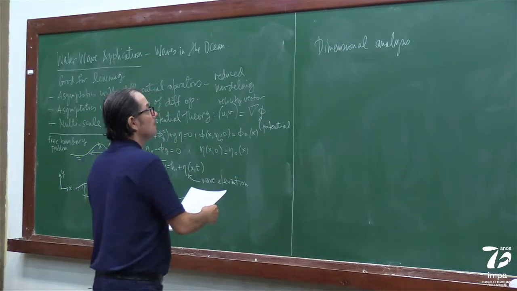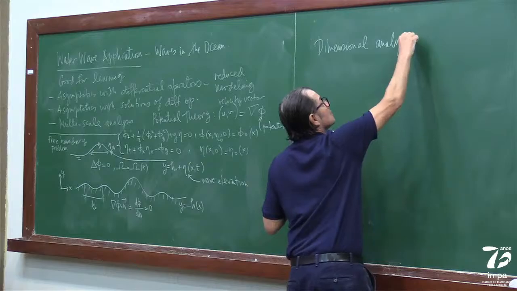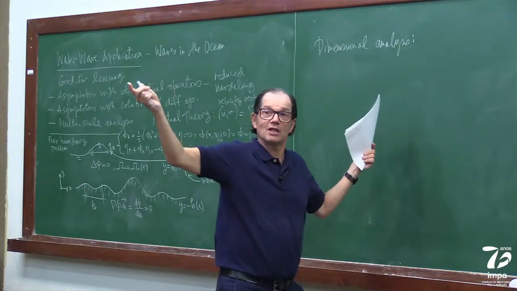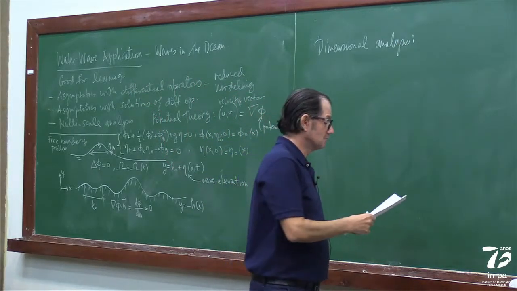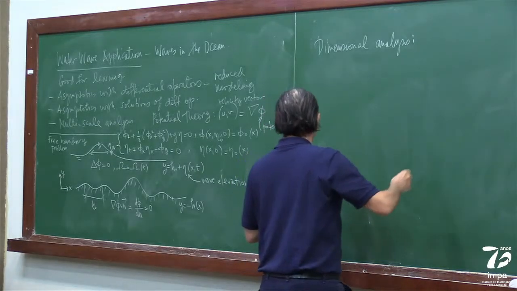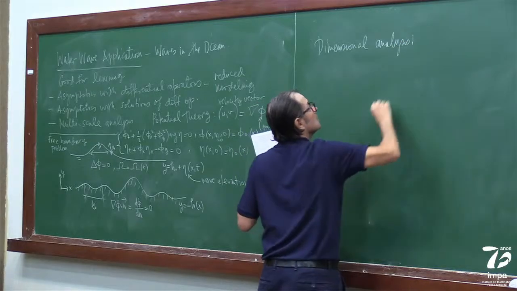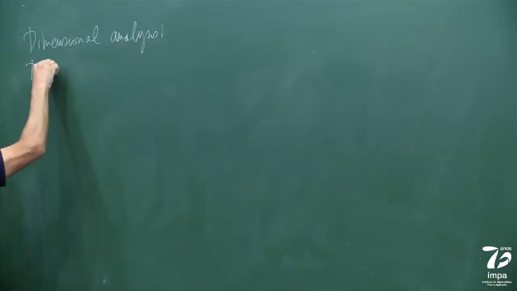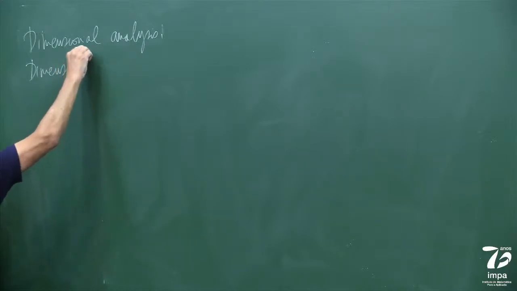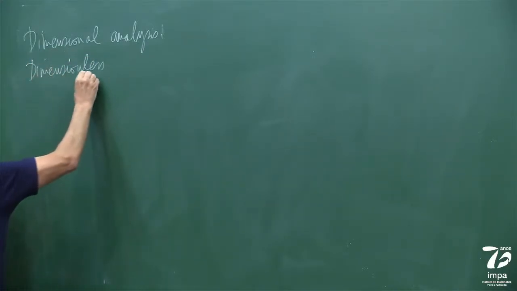Okay, so let's go. So dimensional analysis means let's choose the relevant dimensions, and dimensionalize our variables. So let me put it like this, dimensional analysis. And here are dimensionless variables. This is important.